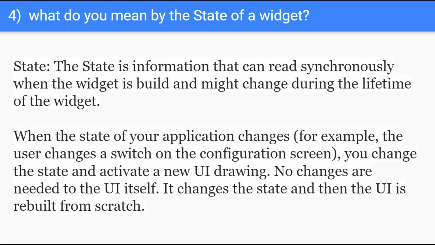A simple example: whenever you create an application from scratch, you see a number counter application that Flutter provides, and whenever you press the floating action button, the state is updated, like the text widget state is updated and the number counter is incremented by one. So what exactly is it doing? It's updating the state of the widget, the text state of the widget, and the number is incremented whenever you press the floating action button.